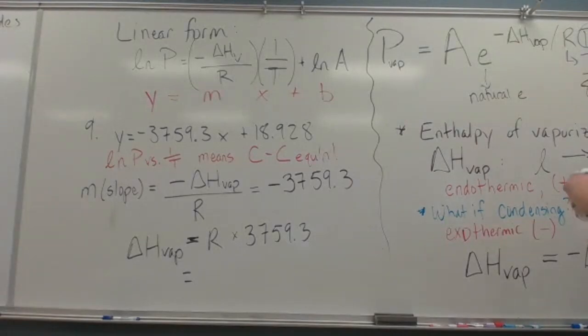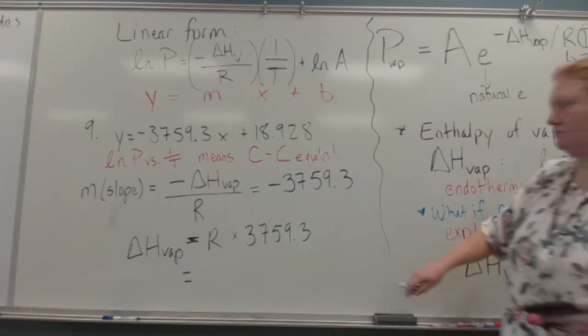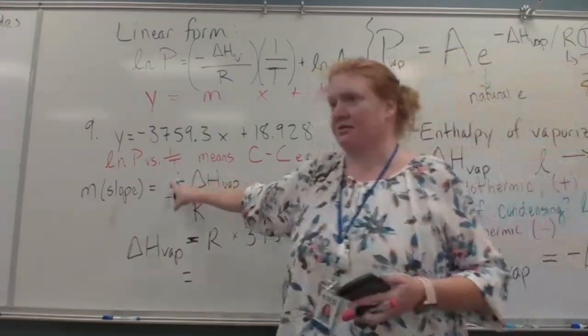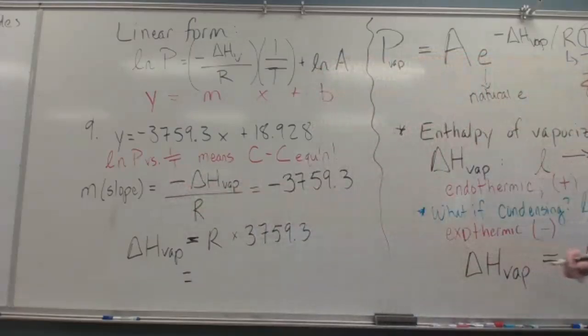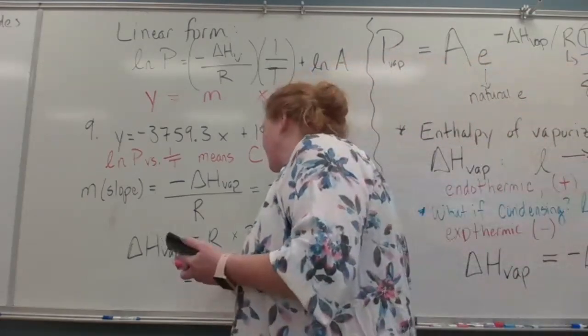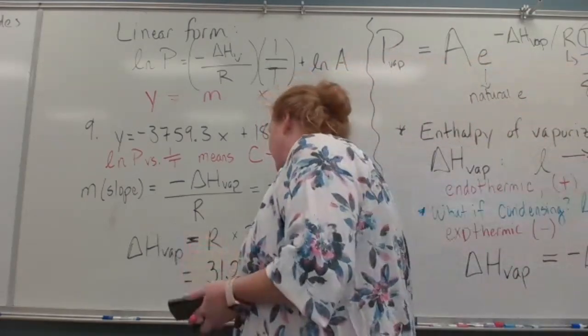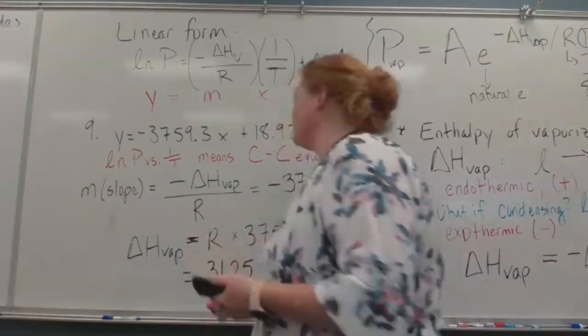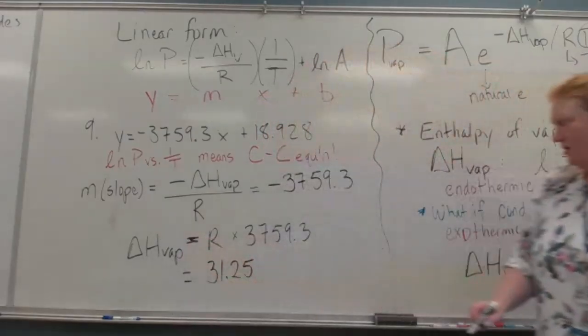Everybody understands why the negative sign is gone, right? Cancels there, cancels there. How many sig figs should this answer have? Well, the version of R that I'm asking you to use has 4 sig figs in it. It could have more; this is not an exact number. So 4, that has 5, which means our answer, let's round it to have 4 sig figs. So 31.25. And then what should be the units here? What are the units of delta H?